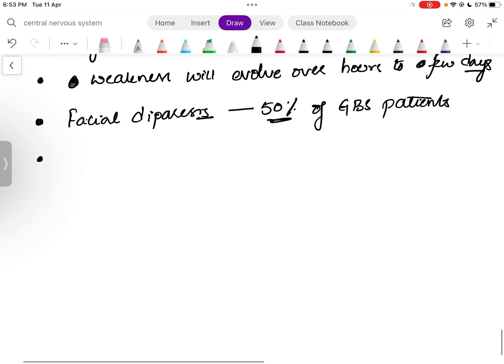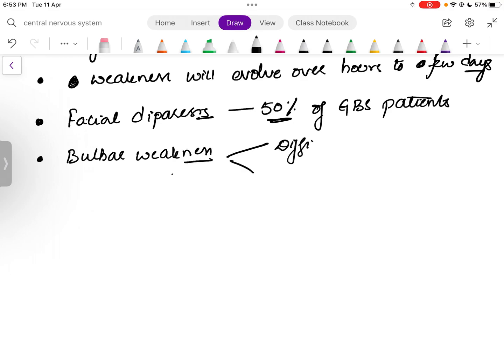Bulbar muscles, the lower cranial nerves, can be affected and they will cause bulbar weakness. Due to this bulbar weakness, there will be difficulty in swallowing and difficulty in speech also.